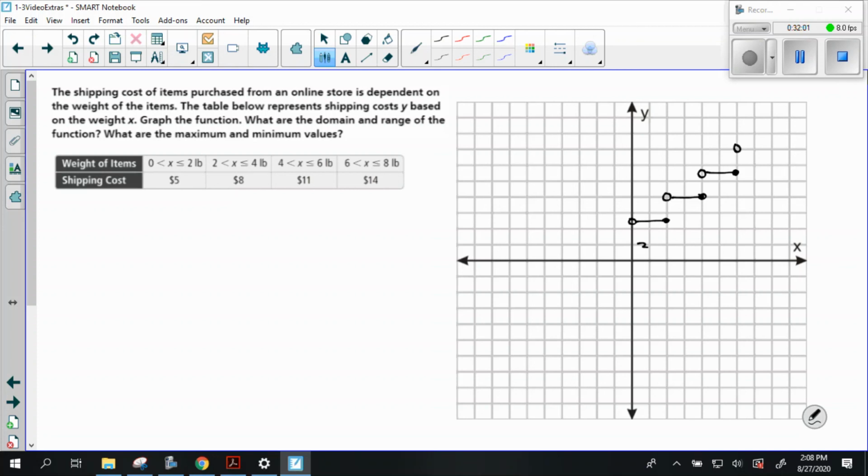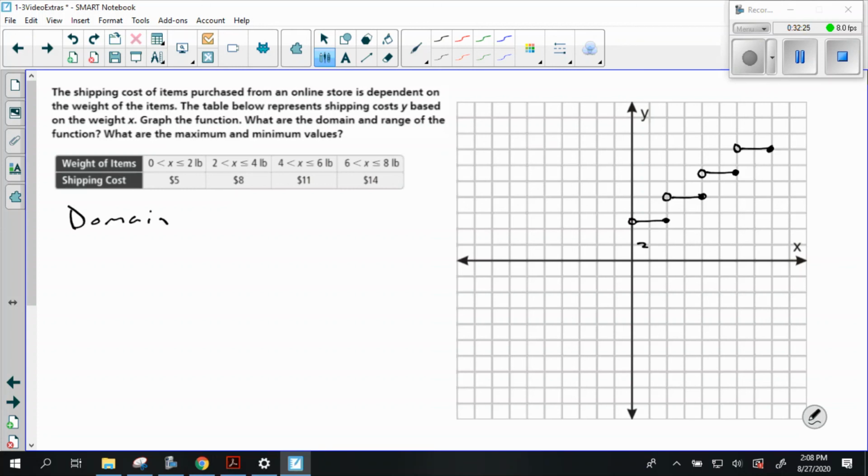to 8. What is the domain of this? The domain is going to be from 0, not including 0.